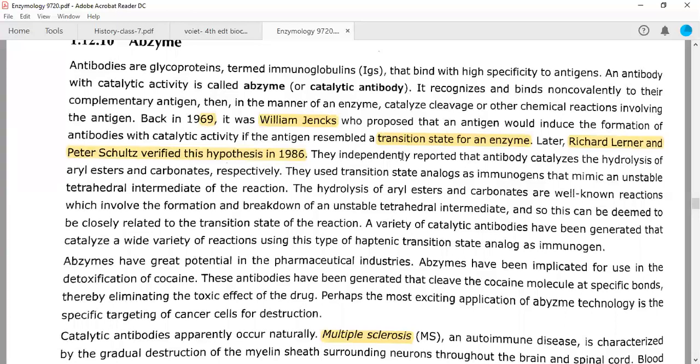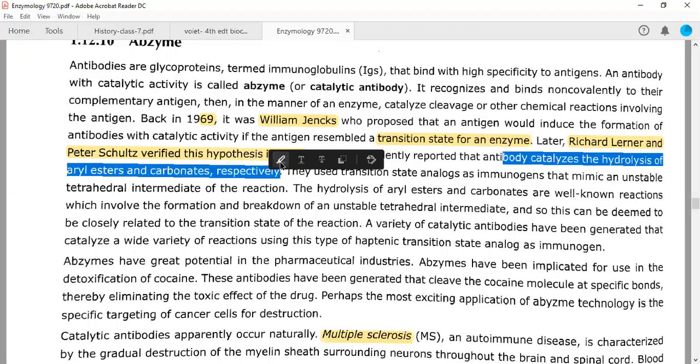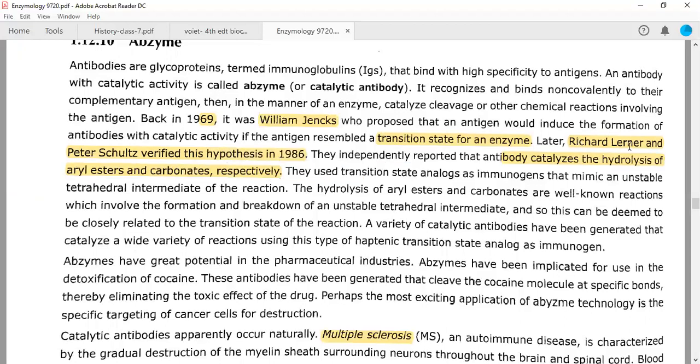They independently reported that two antibodies can catalyze the hydrolysis of aryl esters and carbonates, respectively. First Richard Lerner reported that they can hydrolyze aryl esters. Then Peter Schultz in 1986 reported that they can also hydrolyze some carbonates. Therefore, they have catalytic roles.